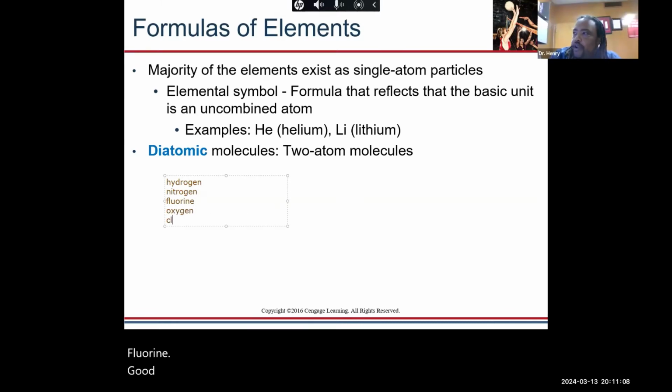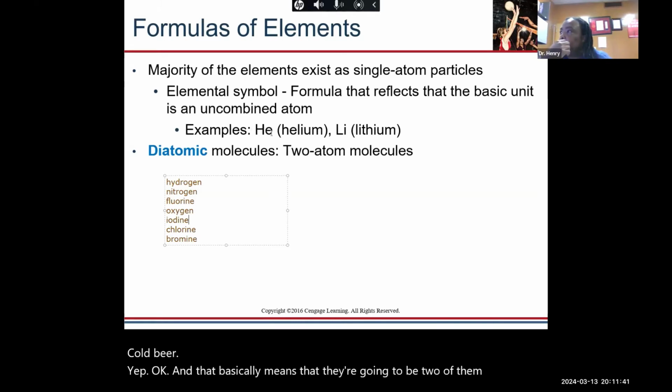Oxygen, chlorine, bromine. Have no fear of ice, iodine, cold beer. Yep. Okay. And that basically means that there are going to be two of them, right?